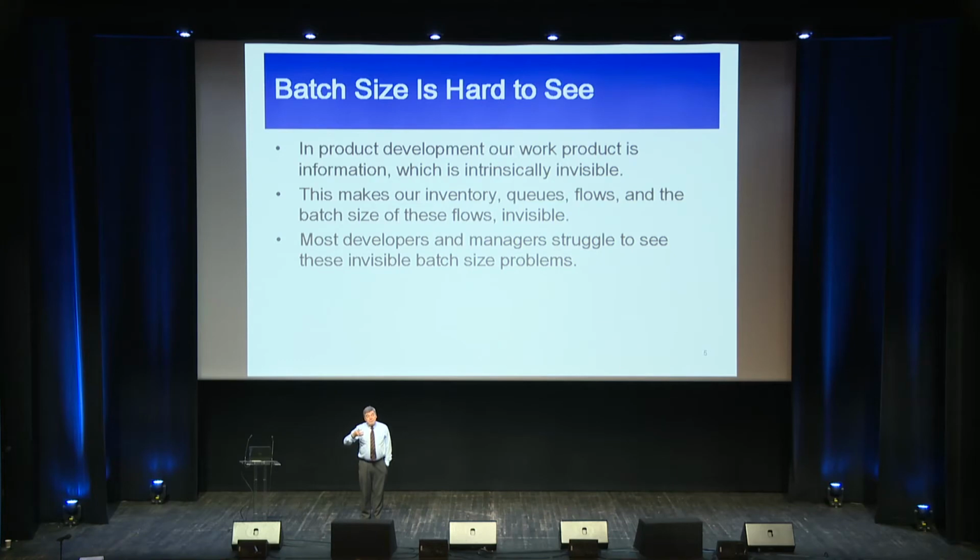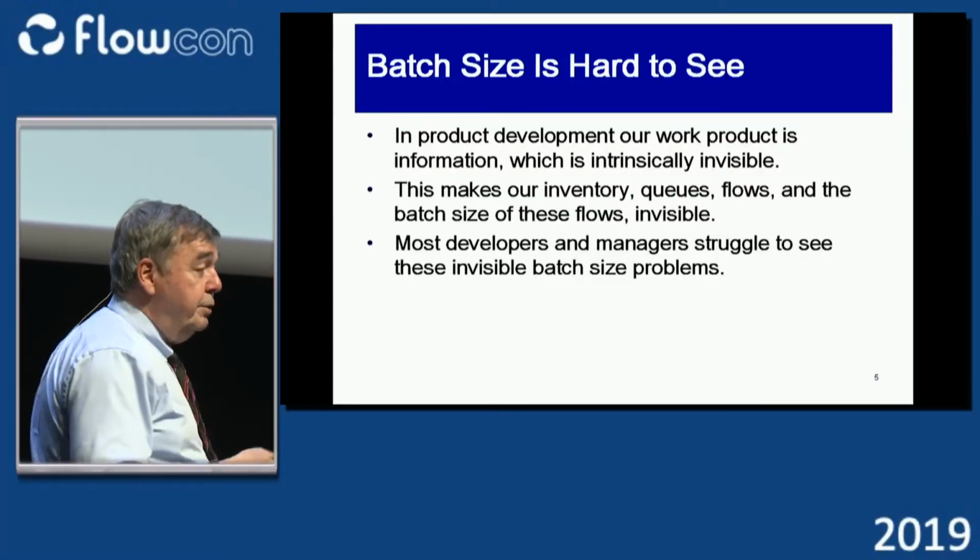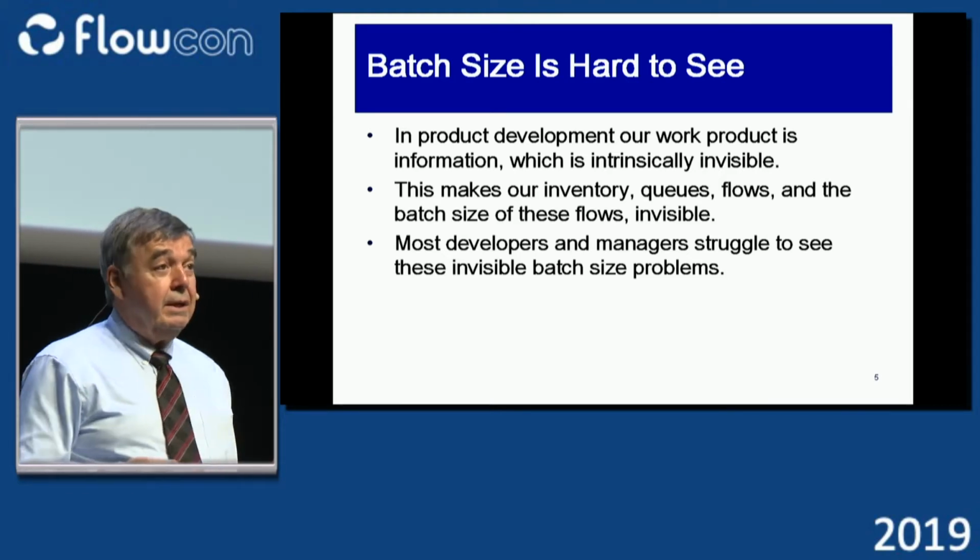And because information is invisible, we do not see our inventories, we do not see our queues, we do not see the flow in our process, and we do not see the batch size. Unlike manufacturing, where the batch size screams at you when you walk around a factory floor, it does not do so in a development process. Because it is invisible, we have sort of undermanaged it historically.